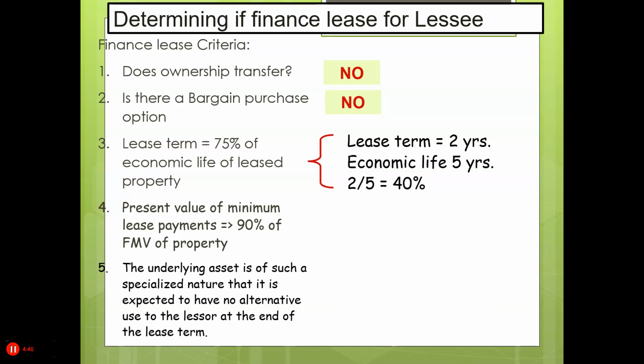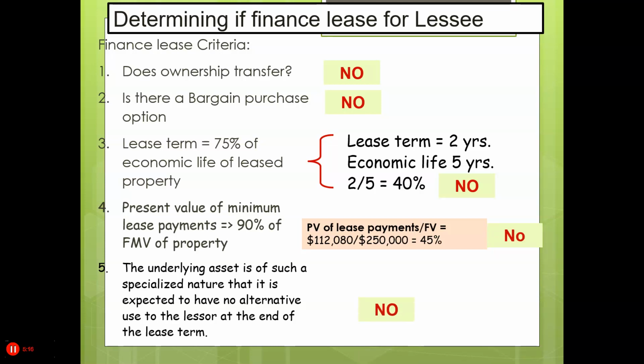In this case, the lease term is 2 and the economic life is 5, so the answer is no, because 2/5 is only 40%. Does the present value of the minimum lease payments equal 90% of the fair market value? No. The 112,000, which is the present value, divided by the 250,000 is 45%. Is the underlying asset of such a specialized nature that it is expected to have no other usage? The answer there is no.